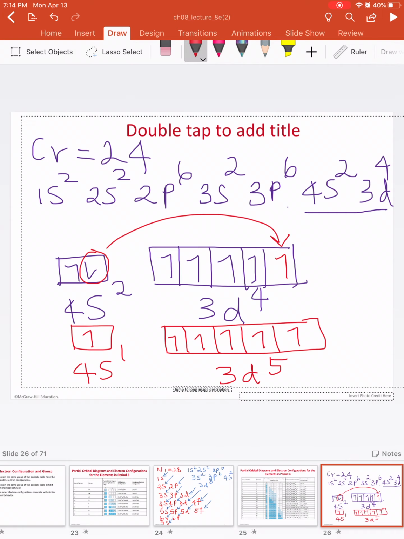So this happens when the d orbitals are about to be half filled like this, or when the d orbitals are about to be completely filled. Meaning if it is going to become 5 or 10, this thing happens. So the chromium electron configuration would be 4s1 3d5 instead of 4s2 3d4.